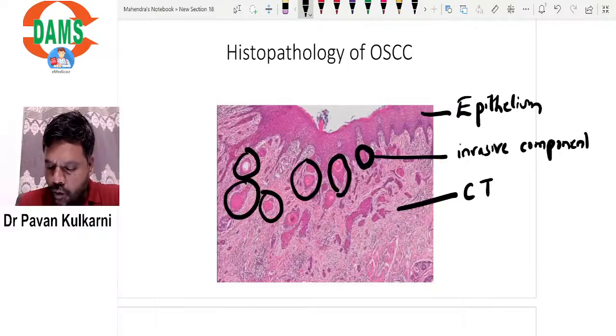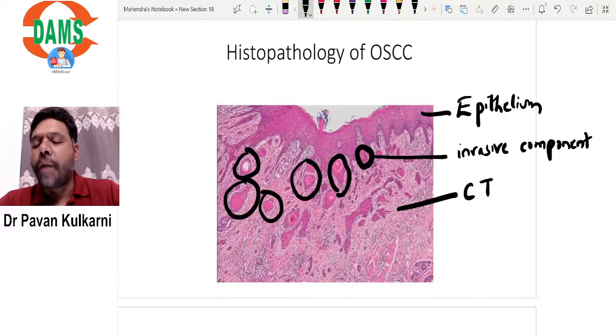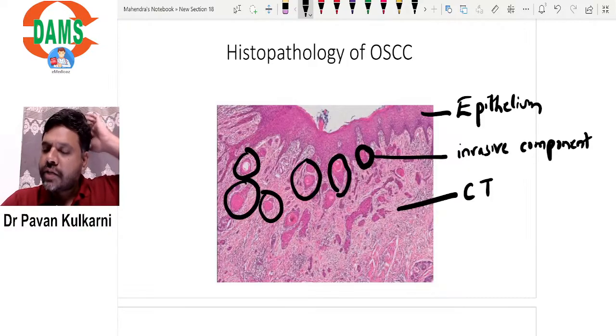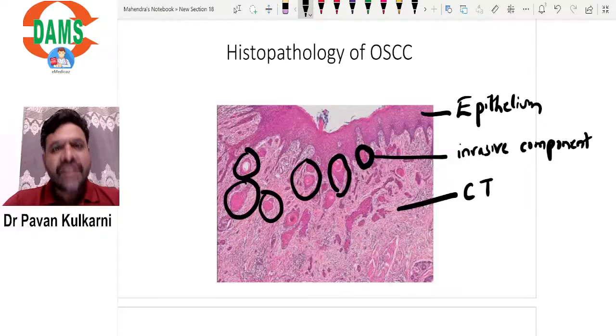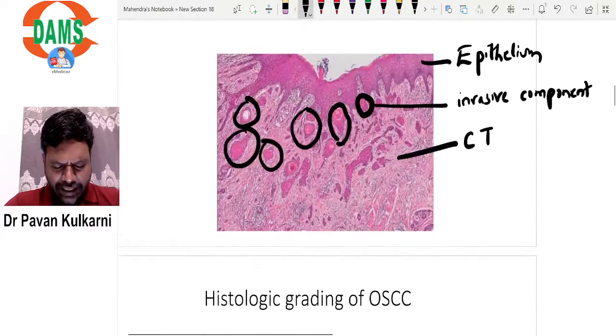This is how a squamous cell carcinoma looks under the microscope, showing an invasive component into the connective tissue. Now, exactly how is this invasive component? That matters a lot. We will understand this in more detail.